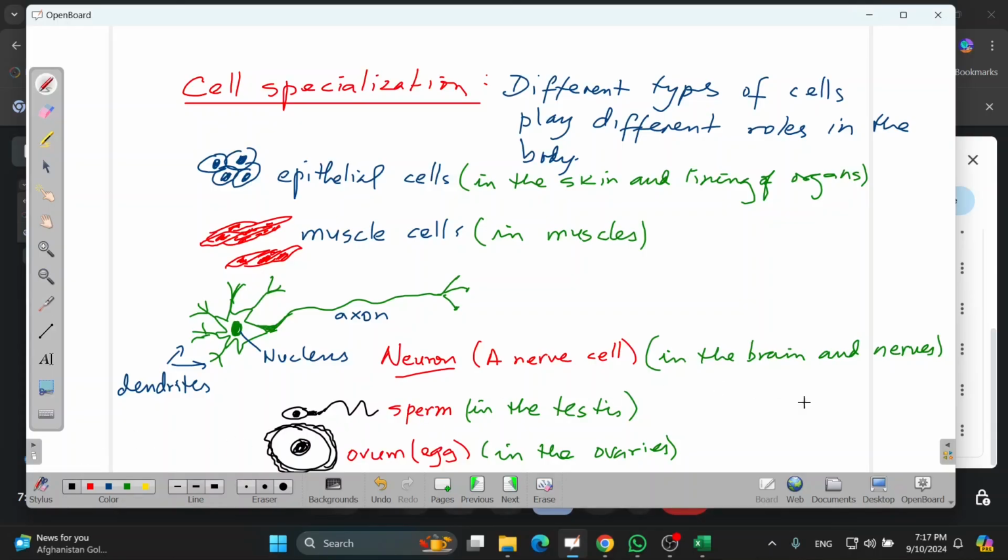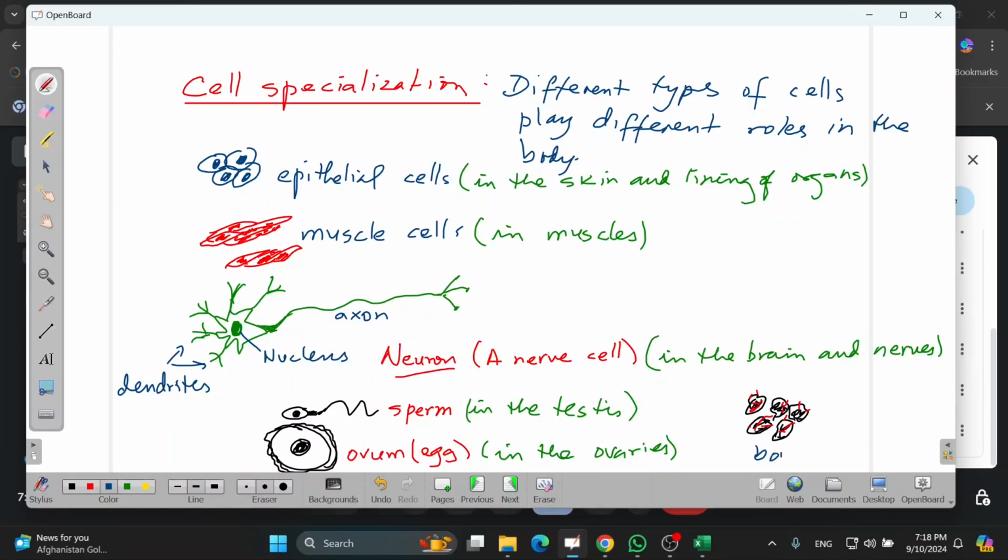And then we have bone cells. They have calcium, salts, phosphorus, but they also have blood vessels and a nucleus. So bones are living tissue in your body, you know. Bone is living material.